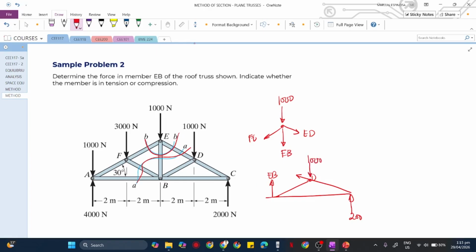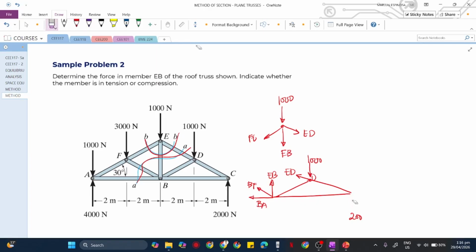Aside from that, we also have BA or AB here, and lastly BF. Now, our target is to solve for the value of ED so we can use it later.